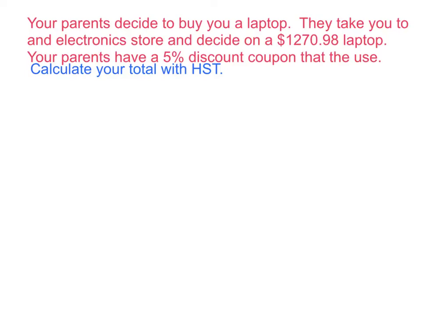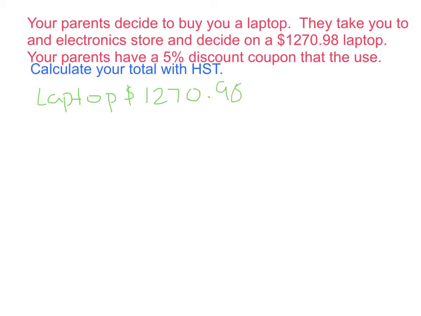Okay, welcome back. Now I'm going to work on this question with you, and we're going to go through it together. The first thing I'm going to do is I know my cost of my laptop. My laptop is $1,270.98.